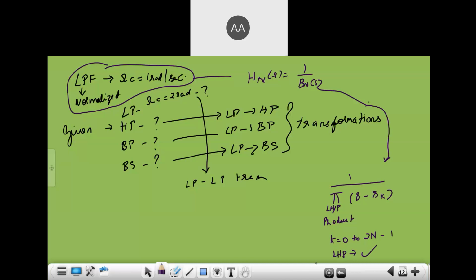These are the things that you have. This is your Hn of S. Whatever you have designed until now is this.